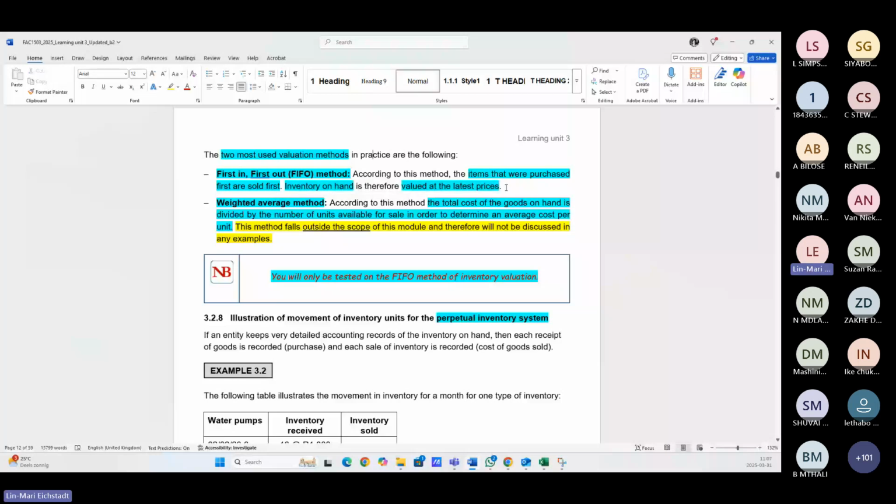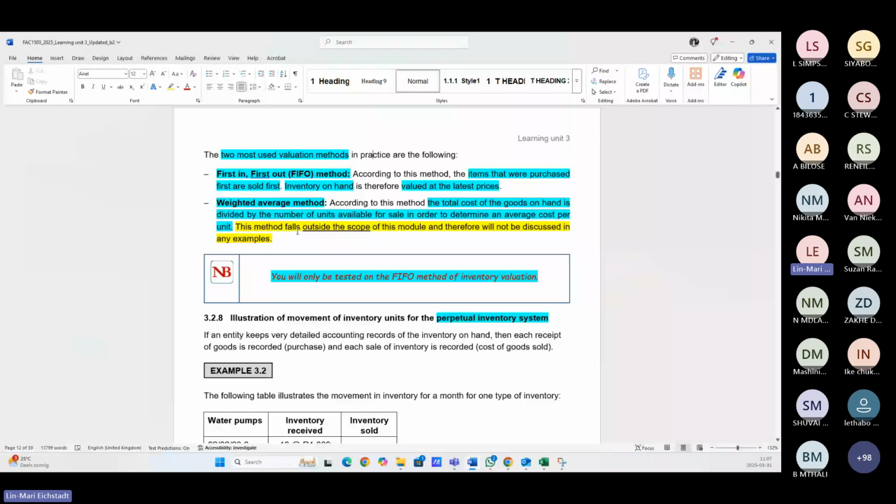There's also another method for valuation, which is the weighted average method. And according to this method, the total cost of goods on hand is divided by the number of units available for sale in order to determine an average cost per unit. So again, this doesn't fall within the scope of this module.